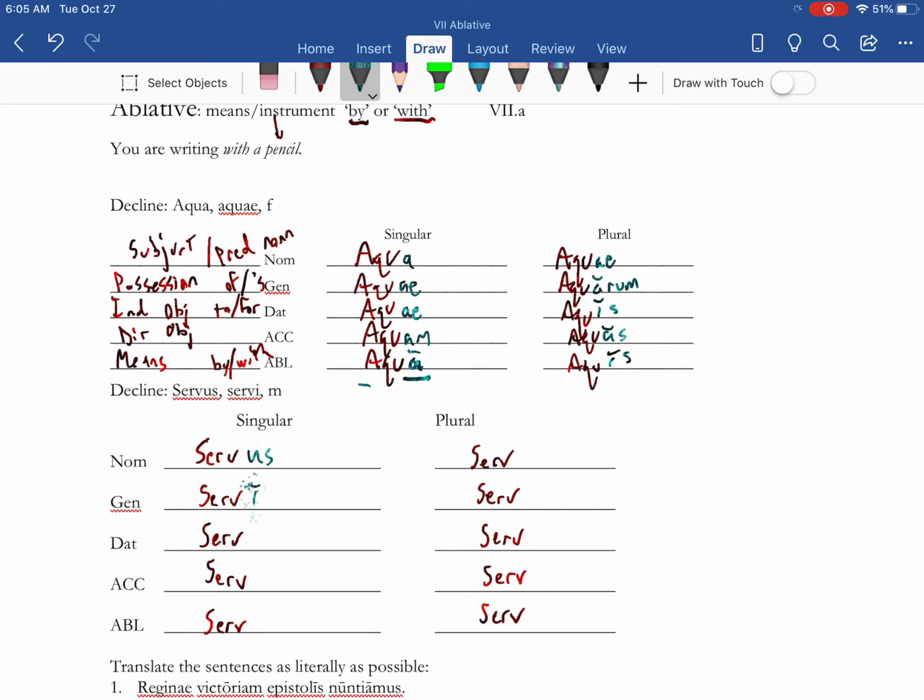Then our endings: US, I, O, UM, O, ORUM.